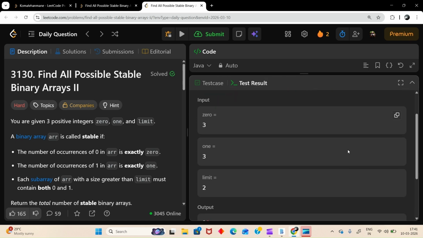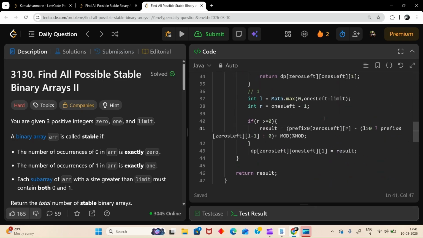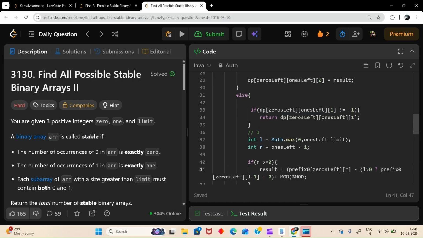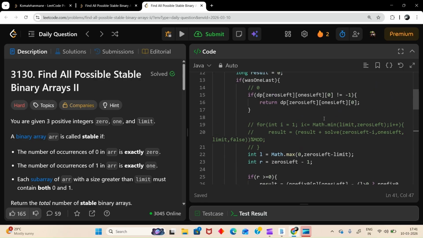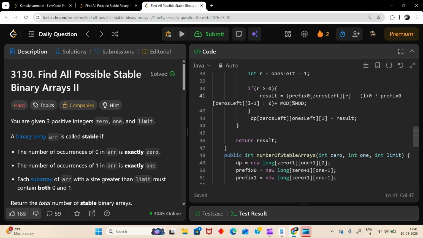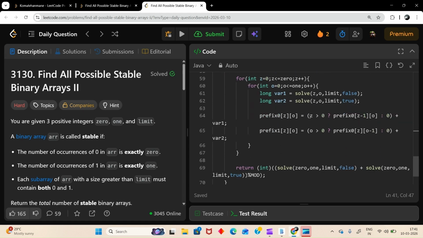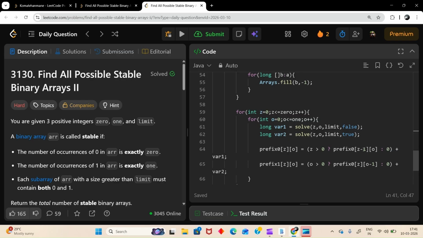So we have L. Here we did correctly. First we calculated everything.